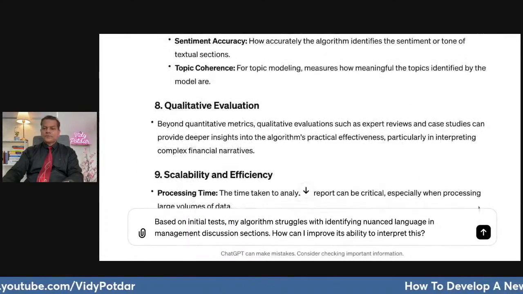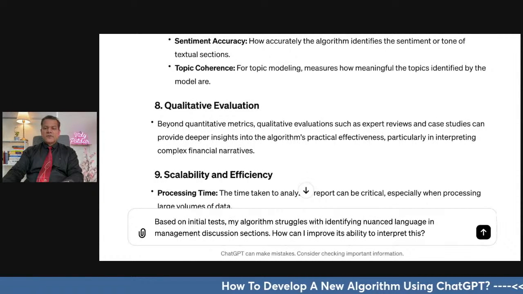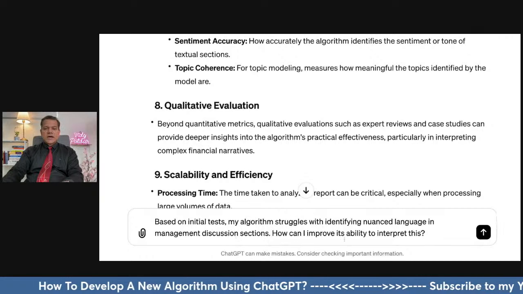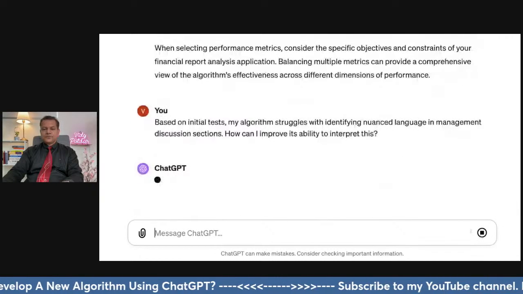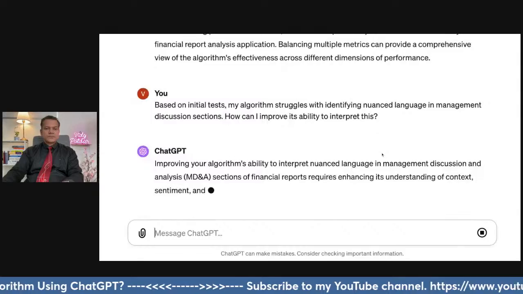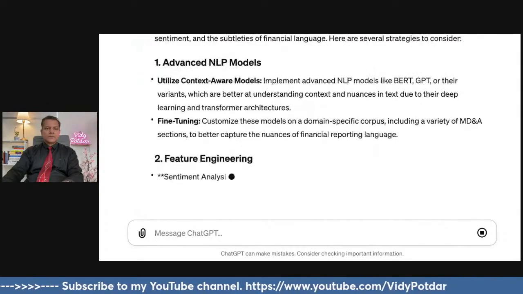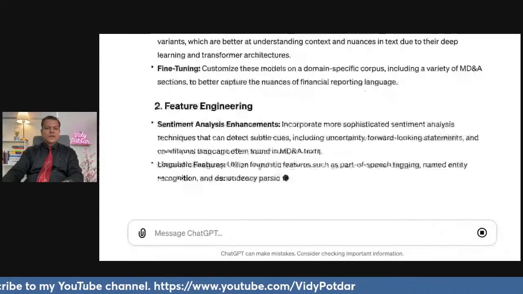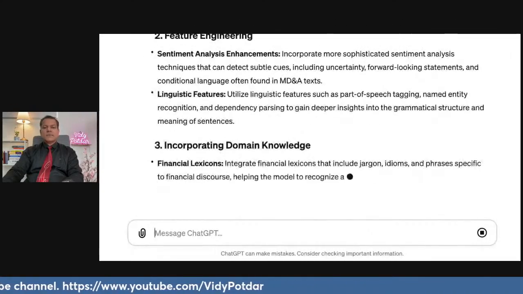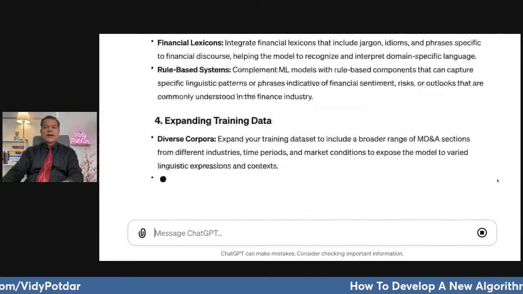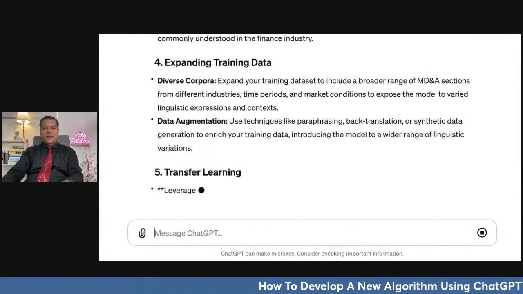So you need to understand that this is what you may need to do to prove that your algorithm is better. Next is, based on the initial test, my algorithm struggles when identifying nuanced language in the management discussion section. How can I improve this? So then you can see it is providing some additional knowledge, direction or guidance on how you can improve your algorithm.